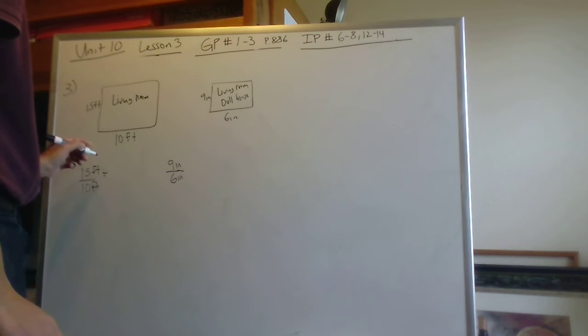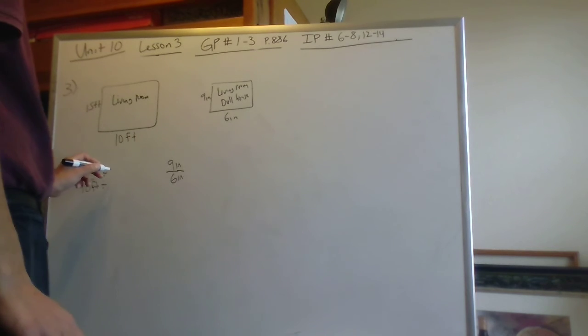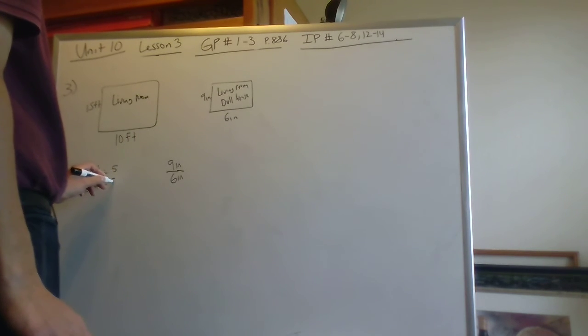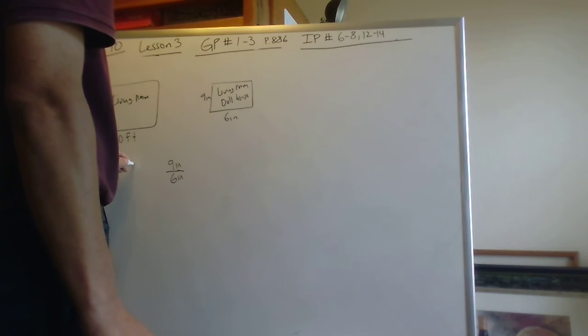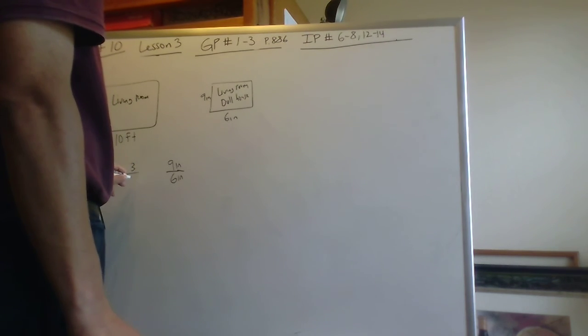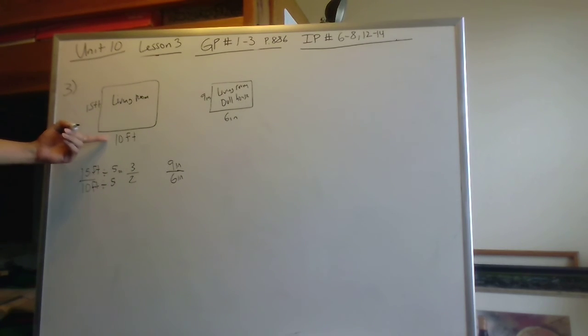So I'm going to just take 15 over 10 and divide both the numerator and the denominator by 5 because I'm simplifying the fraction. 15 divided by 5 is 3, and 10 divided by 5 is 2. So I have a reduced fraction of 3 over 2.